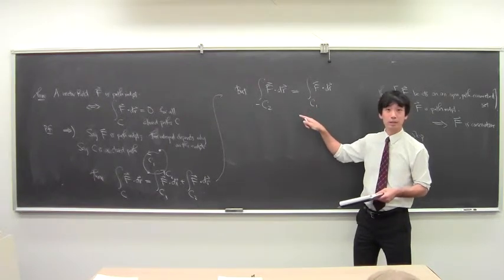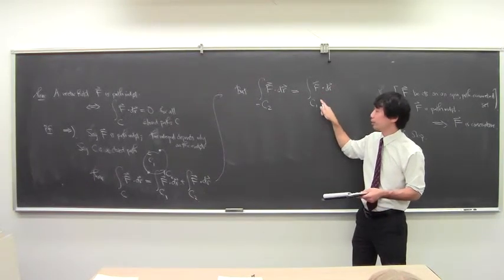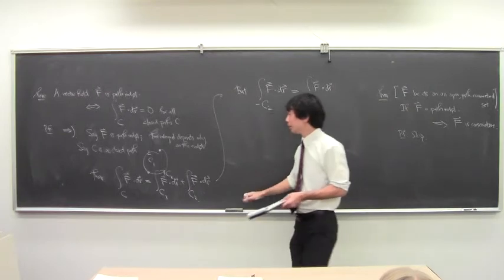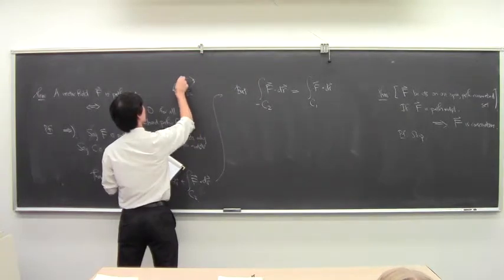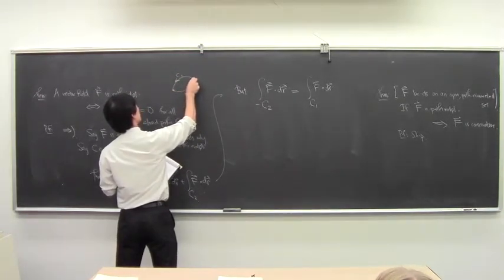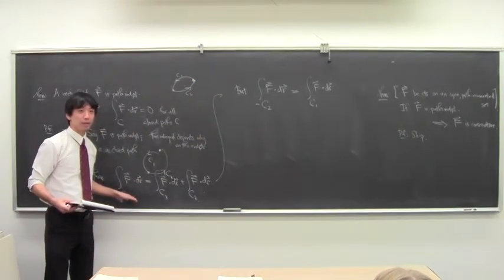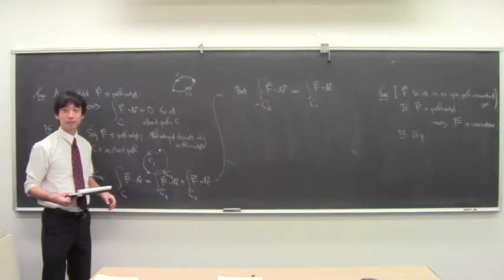But did you say that they're equal? I'm saying that the integral of f over negative C2 is actually the integral of f over C1. Why is that? Are C1 and C2 divided exactly in half? All you've done is take your curve and split it into two parts, C1 and C2, like this, so that when you traverse both of them, you complete the circuit of C. Well, f is path independent, therefore the value of its integral doesn't depend on the path taken, only on the endpoints.